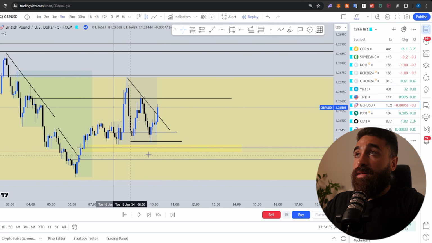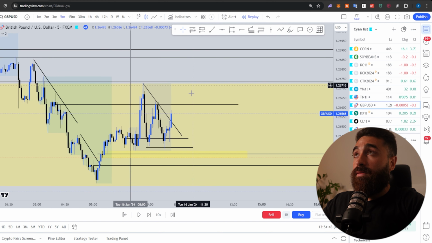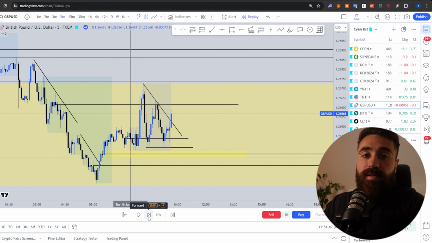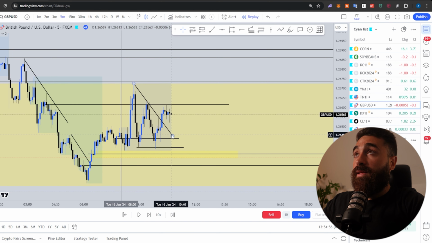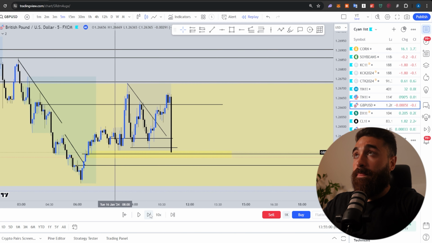Now this area is still not hit completely, but we just took liquidity from here, and depending on the time, there are times that you can enter the market that are better than others. We'll talk about that in a different video, but in my opinion, we're going to go higher to remove this area right there.